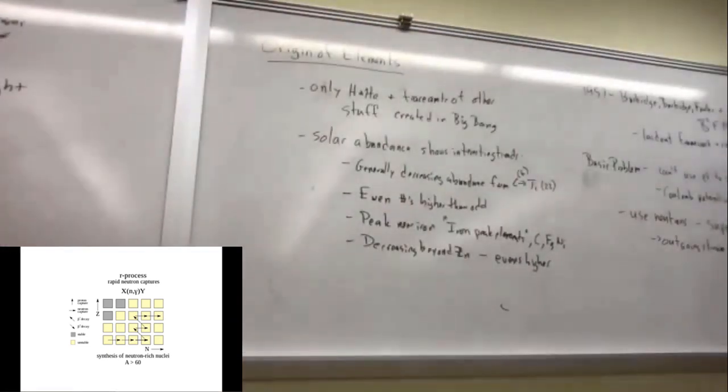And then you have an inverse beta decay. Depending on how radioactive this element is, this can happen fairly quickly. Remember, in inverse beta decay, a neutron goes to a proton plus an electron plus an inverse electron neutrino.